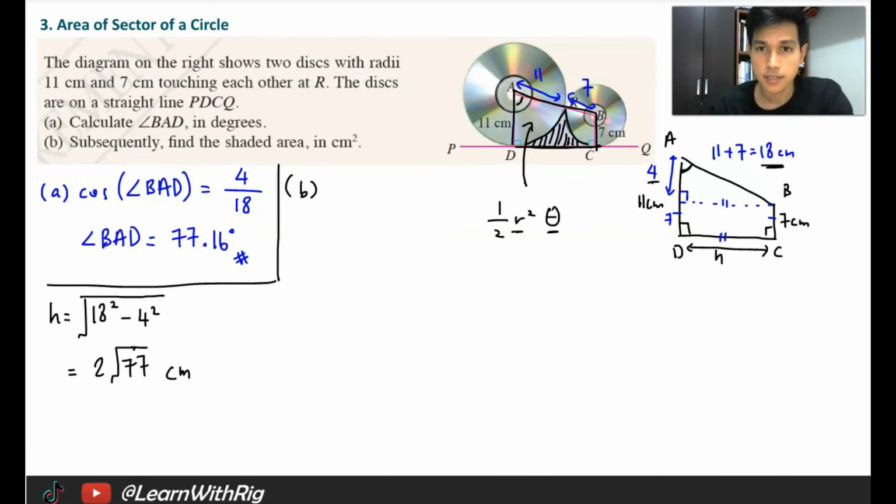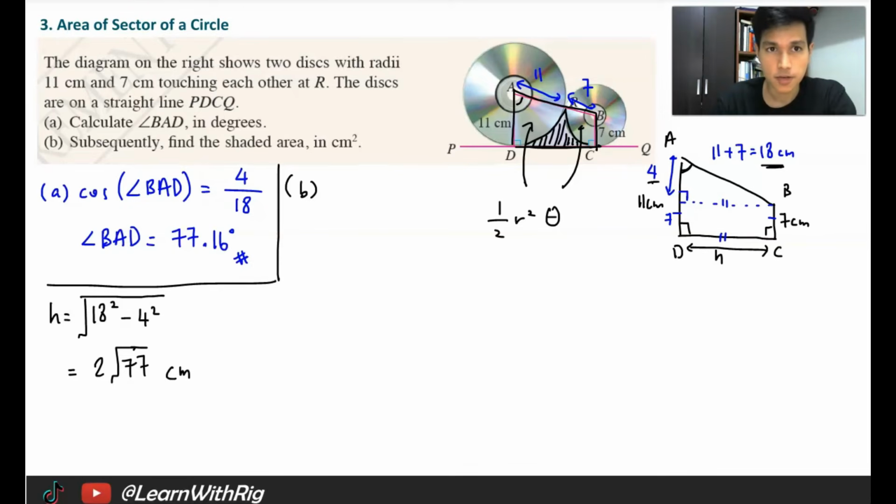The second sector you have to find is this one. This one is a bit harder, because you already know the radius, which is 7 cm, but you don't know the angle. You don't know what theta is. So now you have to find theta first.